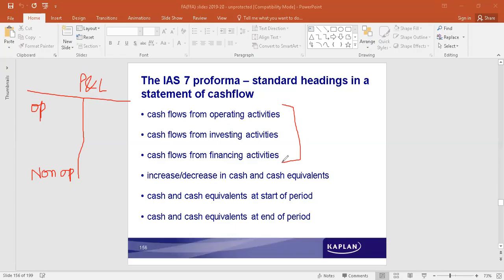See, loss on sale of asset is also part of the business activity only. But where should it appear? It should be part of the investing activity. So a lesser amount of cash flow received, that adjustment is done and a lesser cash amount is recorded under investing activity. Specifically, the nature of the item is non-operating.